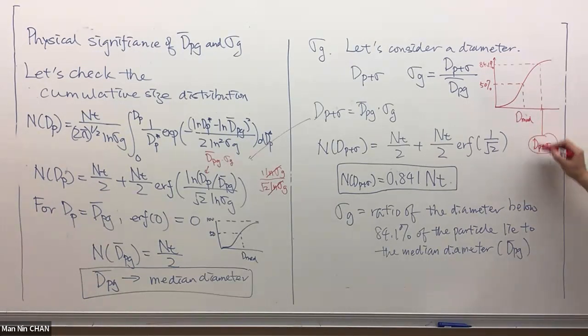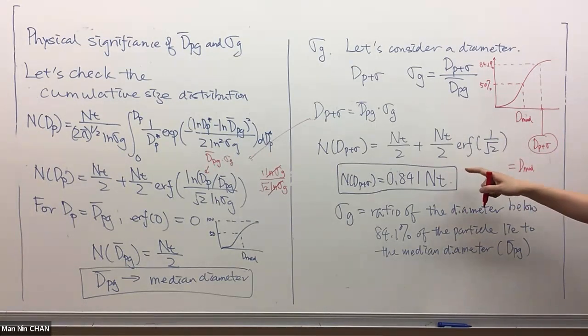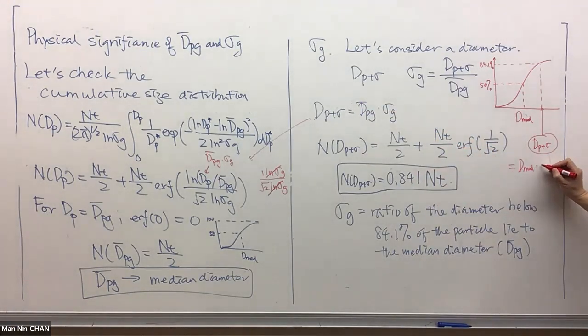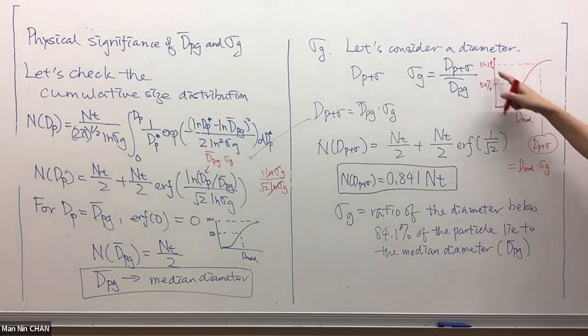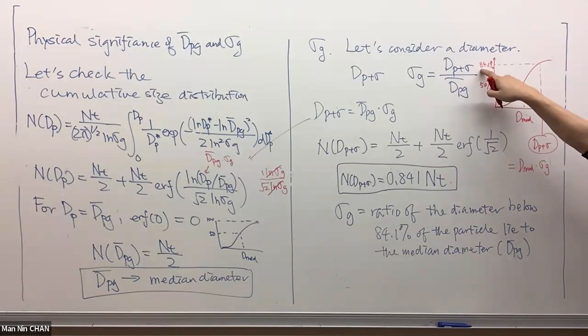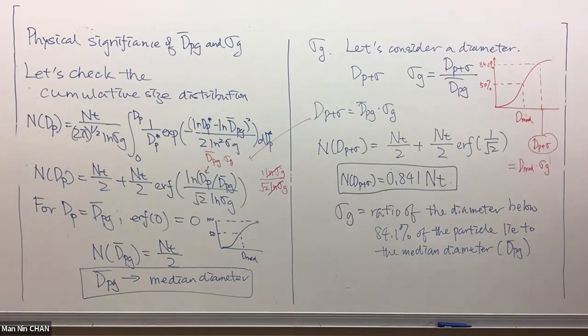And how do you get this number, dp plus sigma? It is equal to your median diameter, so here we use dpg bar times sigma g, and that gives you dp plus sigma. If you get this diameter using this equation, it corresponds to about 84.1% of your NT. Does it make sense?